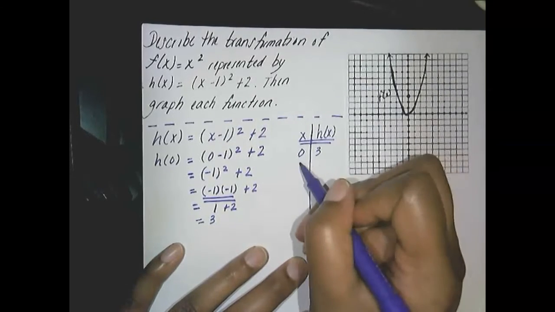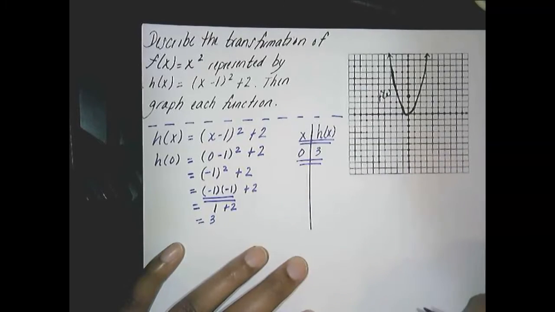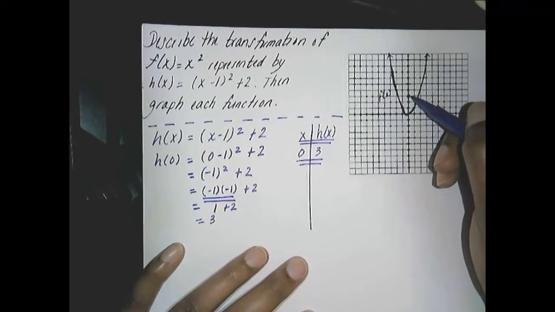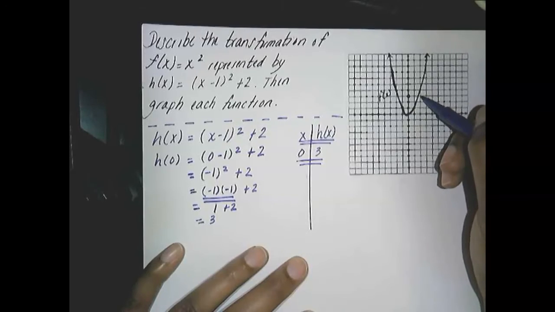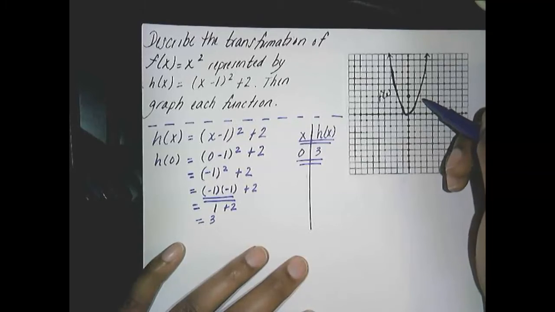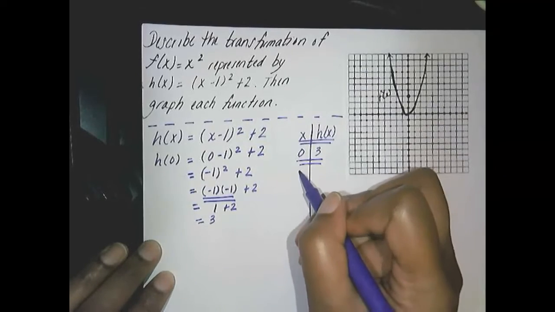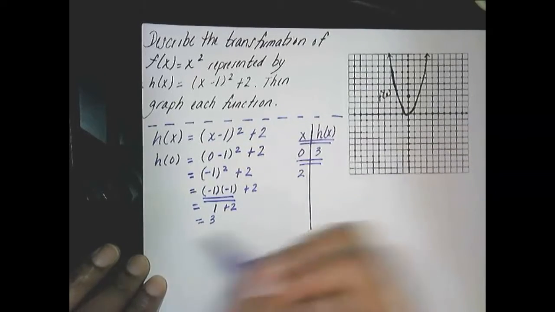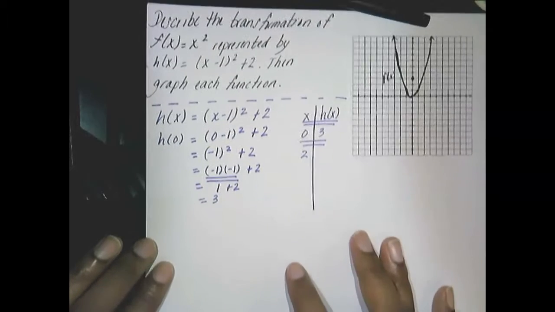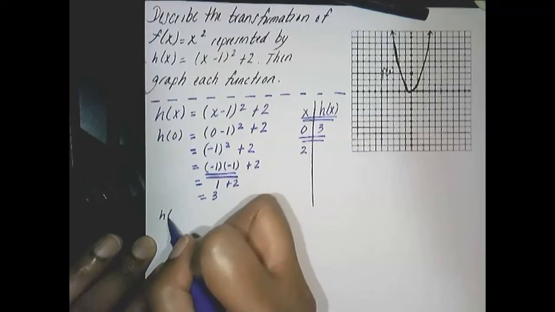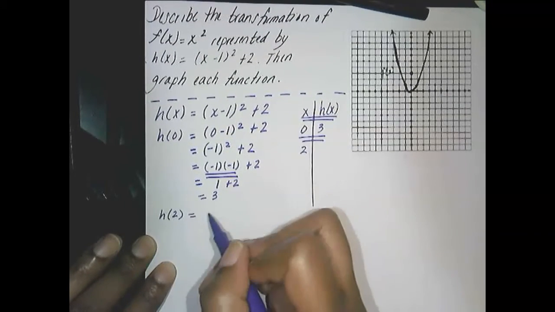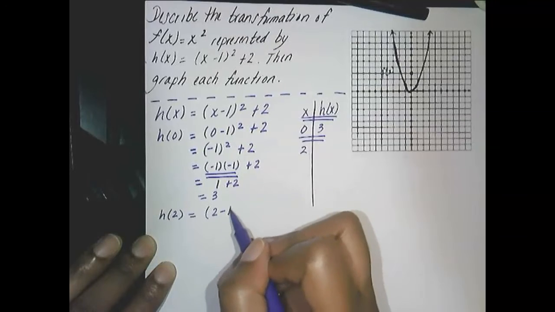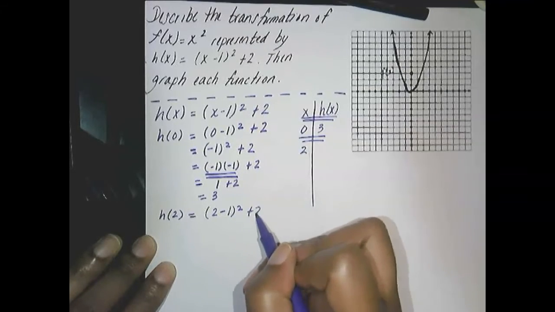Now I want to see what happens. We know what happens at (0, 3). So let's look and see what happens at 2. I'm going to do h of 2. I want to put it where you can see everything. So h of 2 is going to be 2 minus 1 squared plus 2.